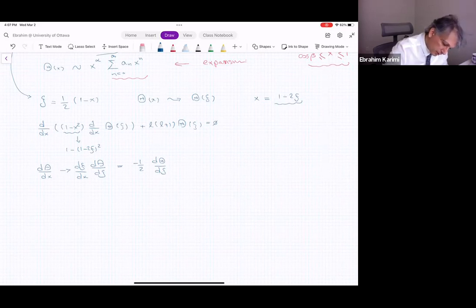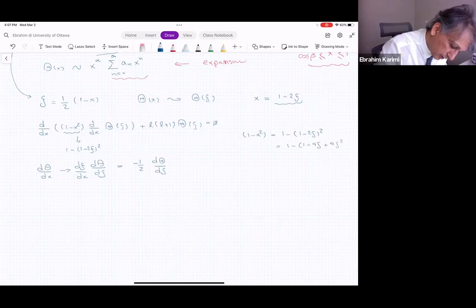So 1 minus x squared will be (1 minus 2 zeta) to the power of 2. Check it out, because I make mistakes when I'm not in front of the whiteboard. That will be 1 minus 4 zeta plus 4 zeta squared, which is 1 minus 1 plus 4 zeta minus 4 zeta squared.